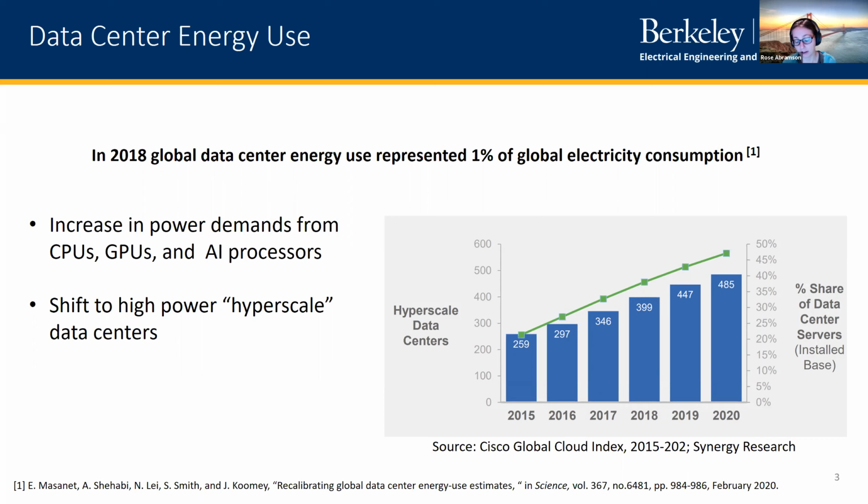So they may have very high power use compared to more traditional data center infrastructure. And as you can see in the graph on the right, hyperscale data centers are representing a larger and larger portion of the total data centers installed.